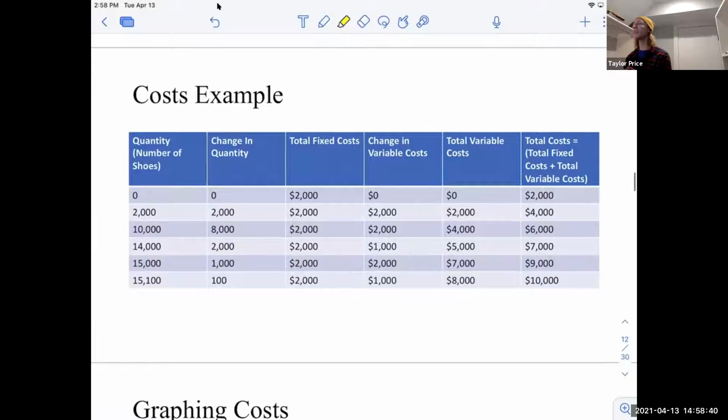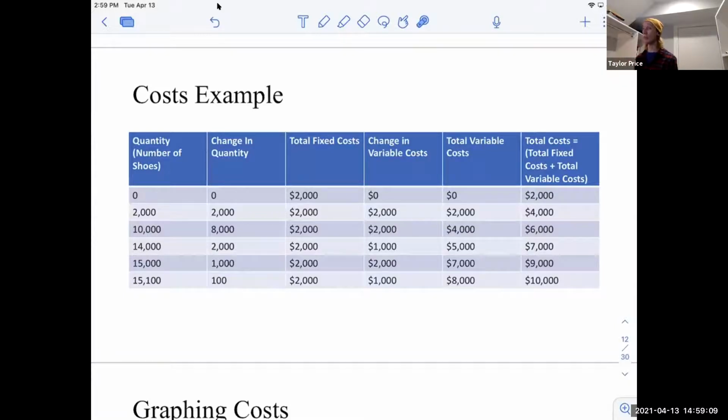So let's take a look at a cost example. We have a similar table to the one we had previously, with the quantity and change in quantity, and then total fixed costs and total variable costs. Total fixed costs, the column in red, are unchanging across the entire production amount.